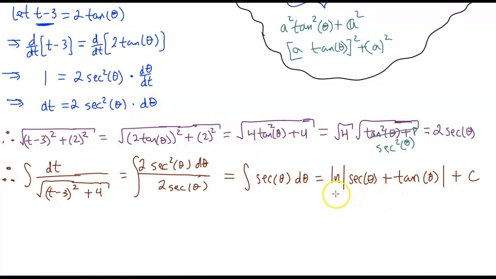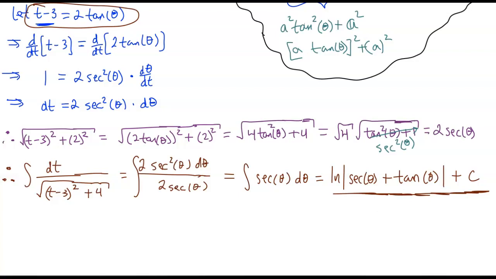So our answer in terms of theta is what this is. Okay. However, we need to have our answer in terms of t. And so if you remember here, we let t minus 3 equal 2 times tangent theta.